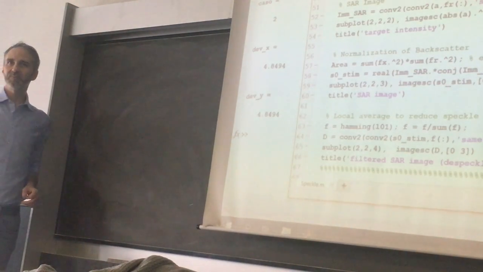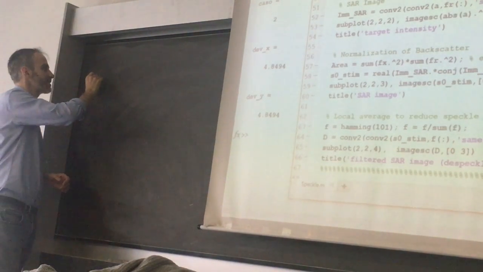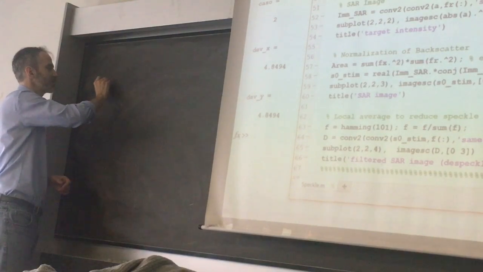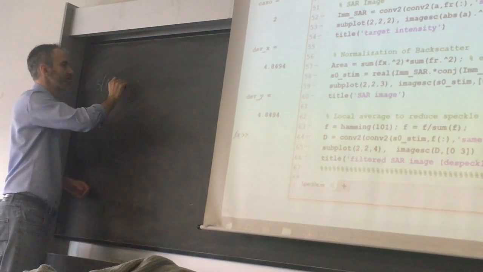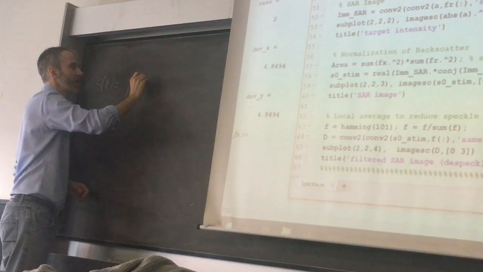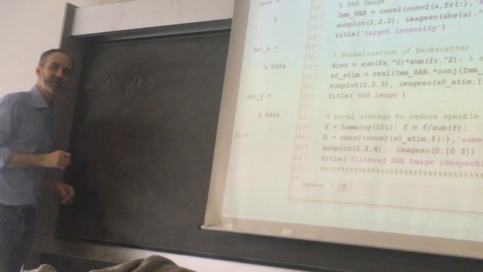Back to the monodimensional signal. We say that we have S of t equal to some g of t minus tau, right?